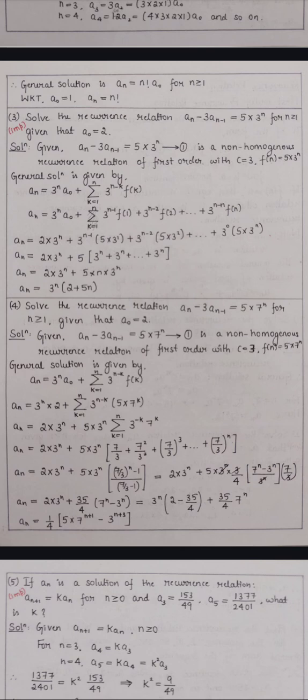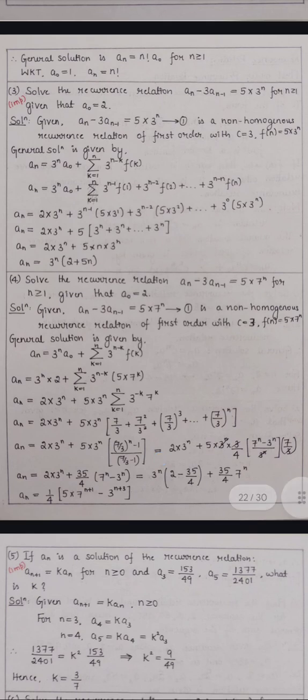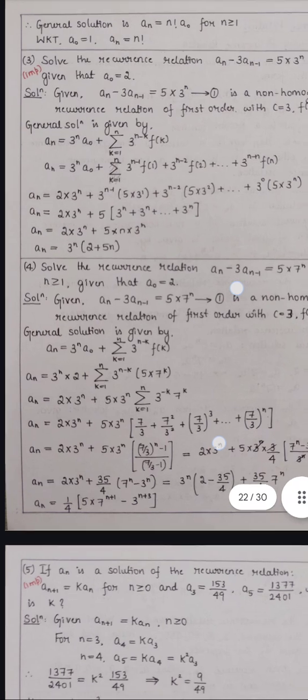That's why we have the function as 5 into 7 power n, and 3 a_n minus 1, that is c. So c power n a naught plus summation k equals 1 to n, c power n minus k into f of k. In the same way we have to do this.